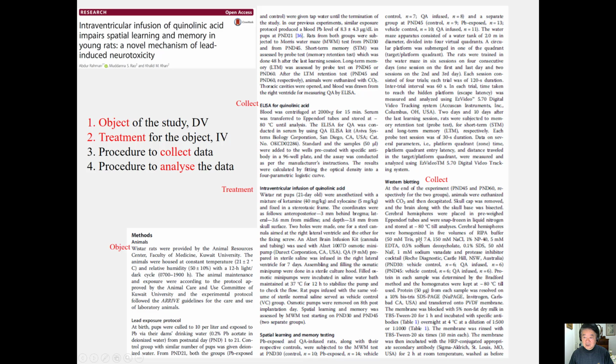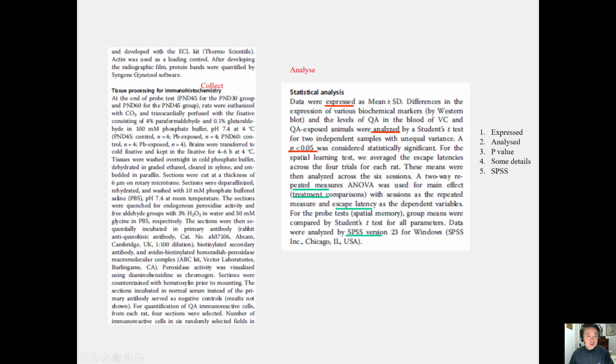Then this is how they performed the incubation or used different solutions. Finally, they measured the different types of proteins on the following page. This is how they processed the tissue, then collected the brain, then measured the various immunohistochemistry reactions, etc.